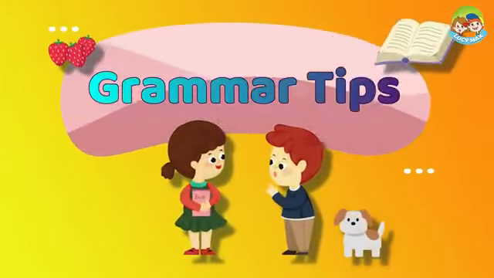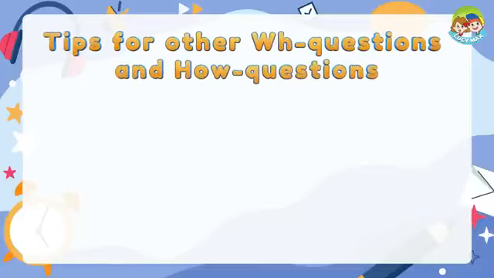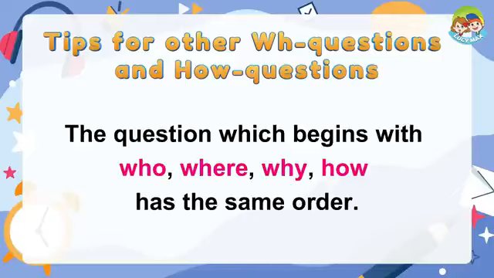Grammar tips. We'll look at tips for other WH questions and how questions. The question which begins with who, where, why, how has the same order. There is another WH question and it's what.